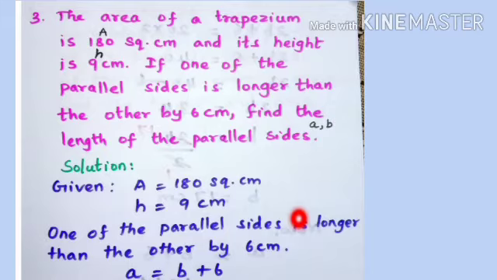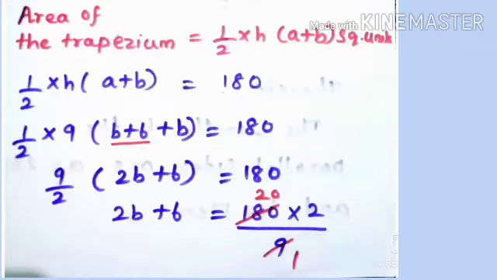Now in this sum we are taking one parallel side A as B plus 6. We know that area of the trapezium is equal to 1 by 2 into h into A plus B square units. And the area of the trapezium is given in the problem itself, which is 180. So we can equate this with 180.